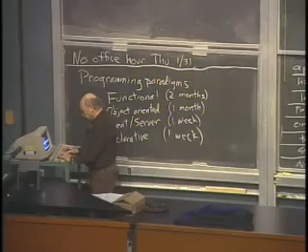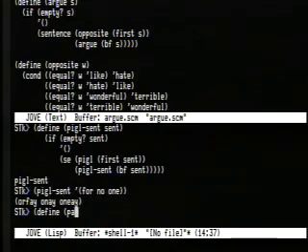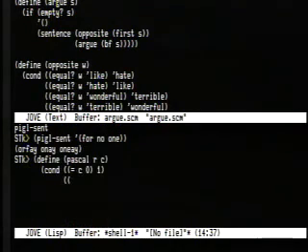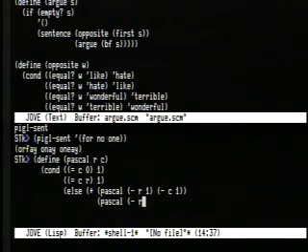So the canonical example that's in my notes here is define Pascal row column: if column equals 0, 1; if column equals row, 1; else plus Pascal row minus 1, column minus 1, Pascal, row minus 1, column.